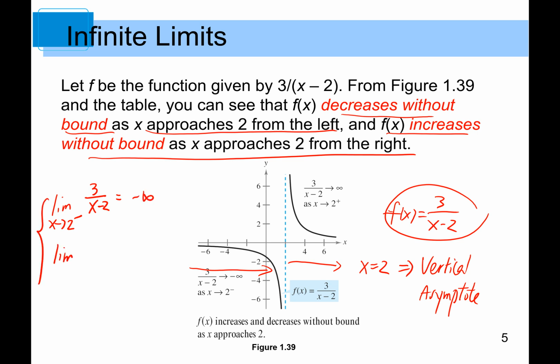And the limit as x approaches 2 from the right-hand side of 3 over x minus 2 is positive infinity. If you look at the graph on the right-hand side going this way, it's getting bigger and bigger. So the limit as x approaches 2 from the right becomes positive infinity.